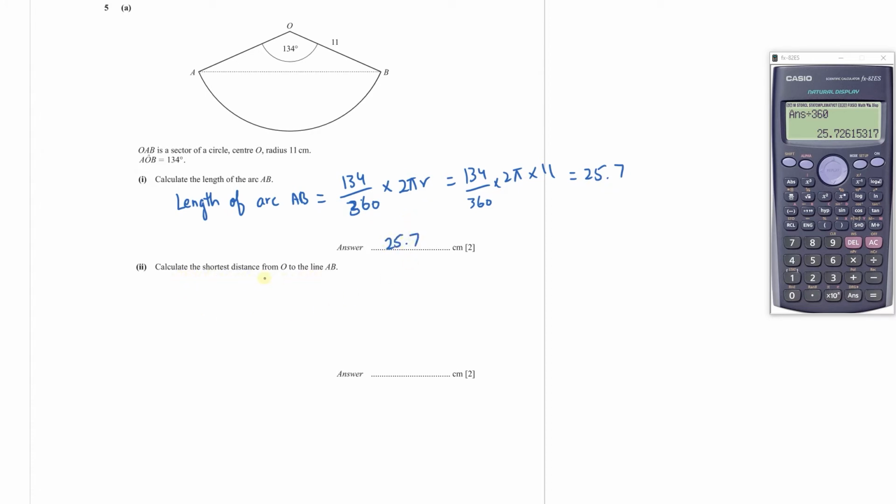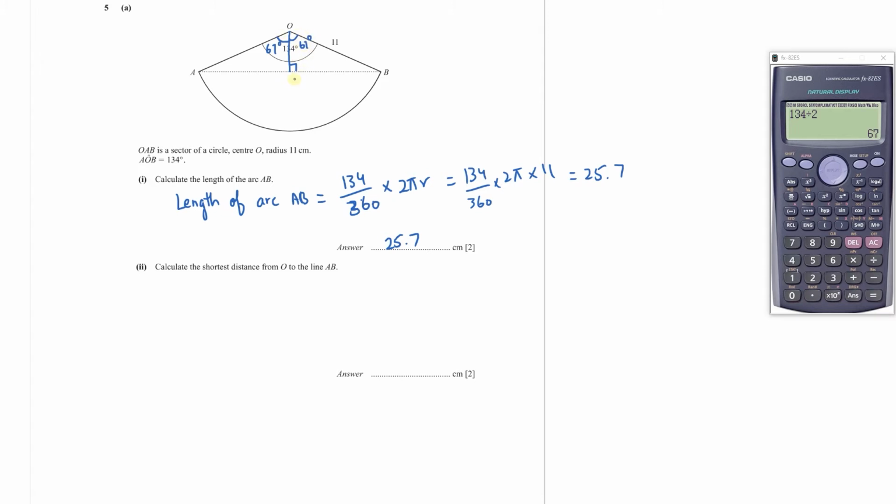Calculate the shortest distance from O to the line AB. So the shortest distance will be this one, such that this angle is 90 degrees and it will bisect this angle AOB. So if this is 134, 134 divided by 2 will be 67. So this angle is 67 degrees and this angle is also 67 degrees.